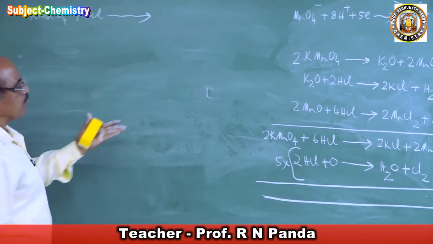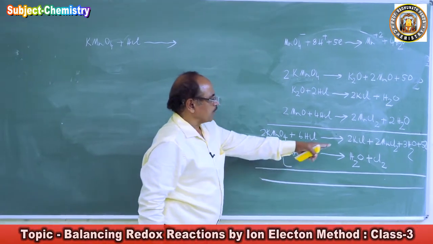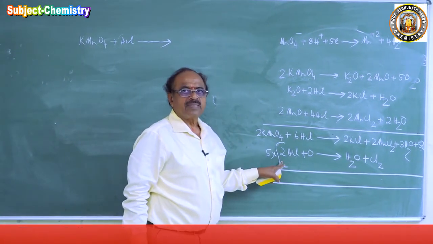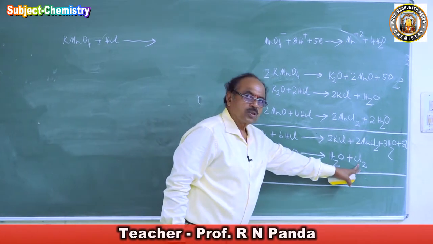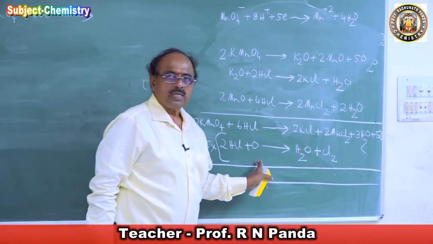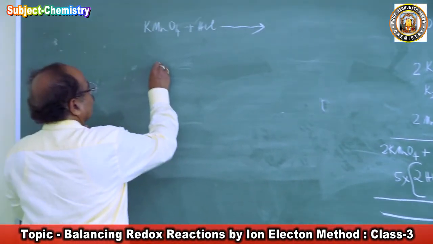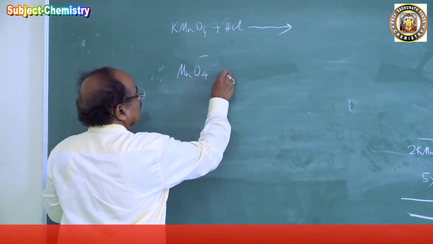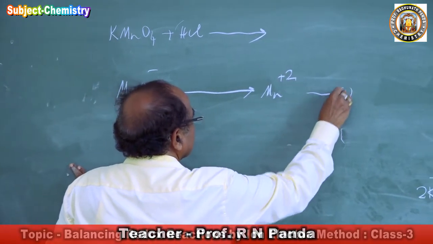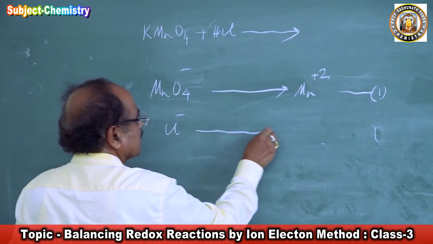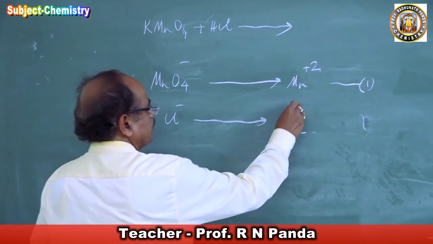So MnO4 minus is forming Mn plus 2, and Cl minus from HCl is forming Cl2. HCl is oxidized to chlorine. So this is the equation for potassium permanganate, MnO4 minus forming Mn plus 2, and this is the equation for hydrochloric acid, Cl minus forming Cl2, chlorine gas.